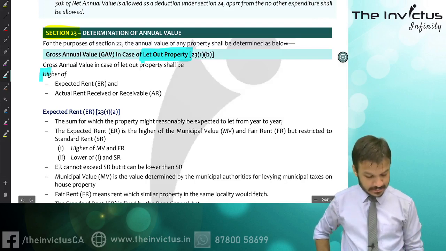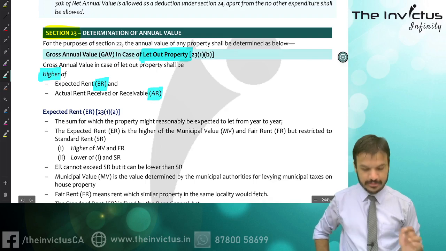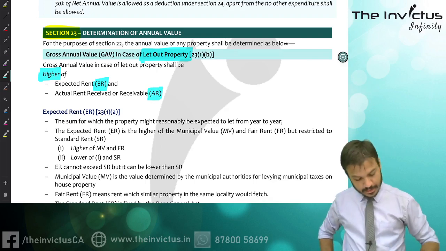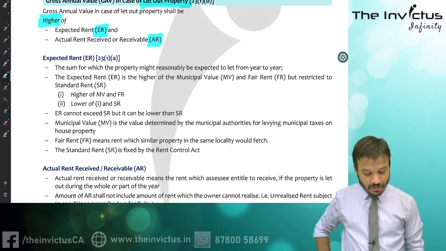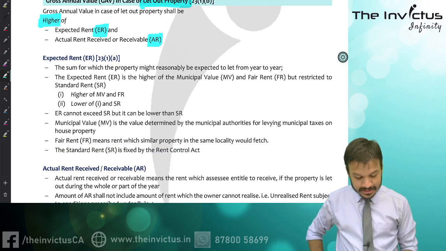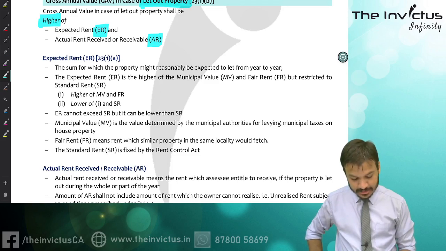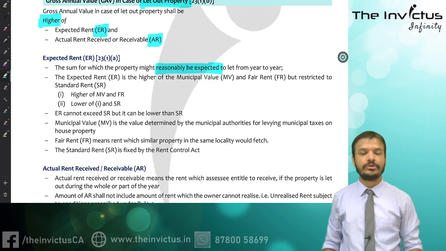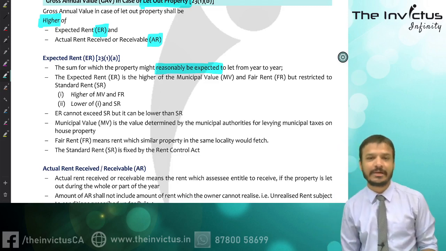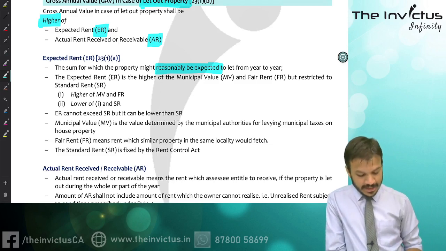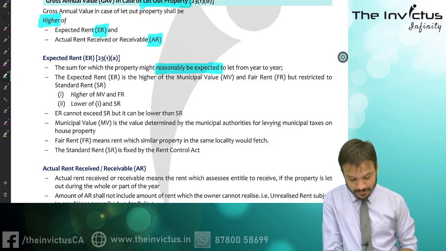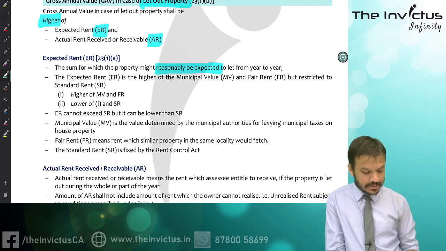GAV in case of let out property shall be the higher of ER and AR. ER means expected rent, the sum which the property might reasonably be expected to let from year to year. So what reasonable rent can we expect from the property if it is let out. The expected rent is the higher of MVFR, but restricted.